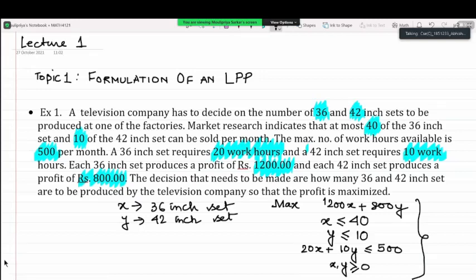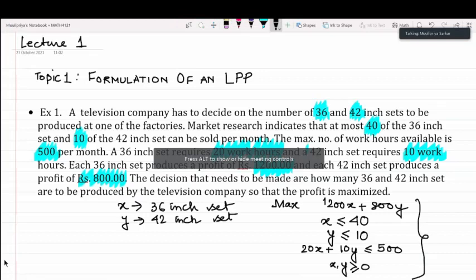Now we need to maximize 1200x plus 800y. Let that be equal to z. We are just making the sum 1200x plus 800y equal to z, which is what we are required to maximize.